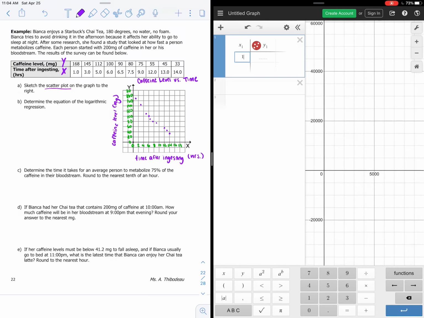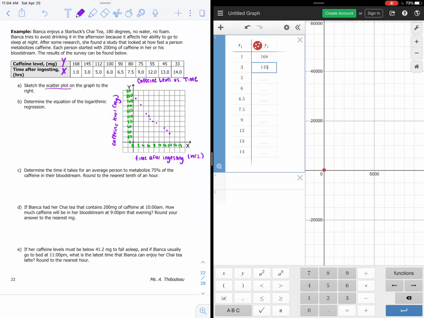My X, remember, is my time. So I'm going to plug in 1, 3, 5, 6, 6.5, 7.5, 9, 12, 13, and 14. Just double checking that I plugged in all of my values properly because I don't want to lose any silly marks. Then I have 168, 145, 112, 100, 90, 80, 75, 55, 45, and 33.